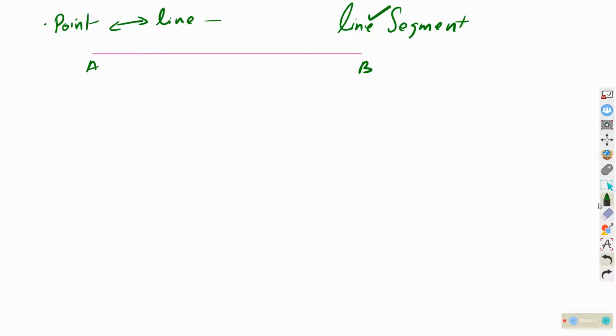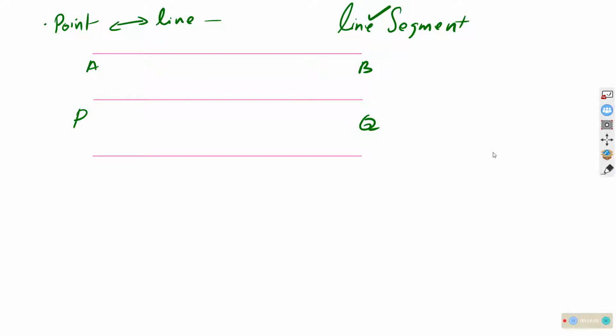Okay? Now let us make more line segments. Here is another line segment which can be named indifferently, and we will name it as line segment PQ. Then we will think about one more line segment.